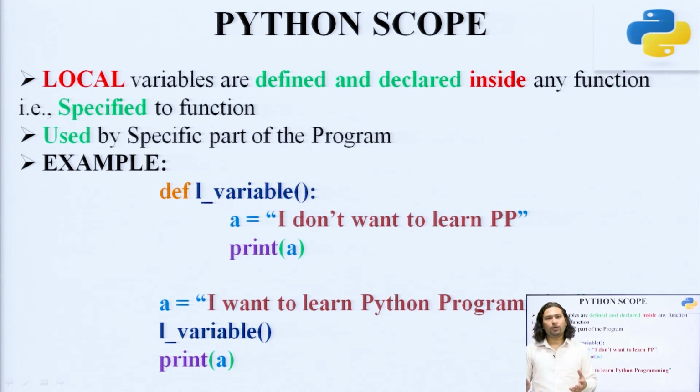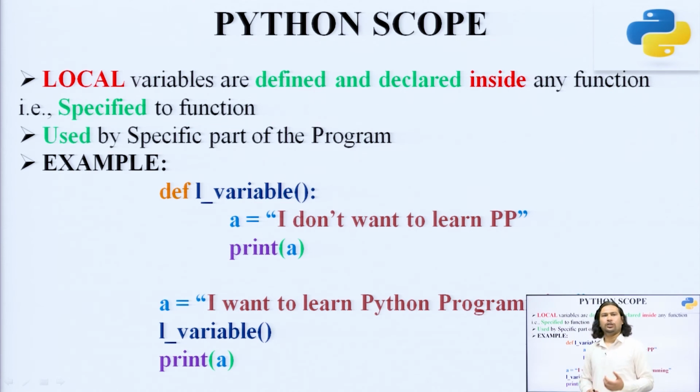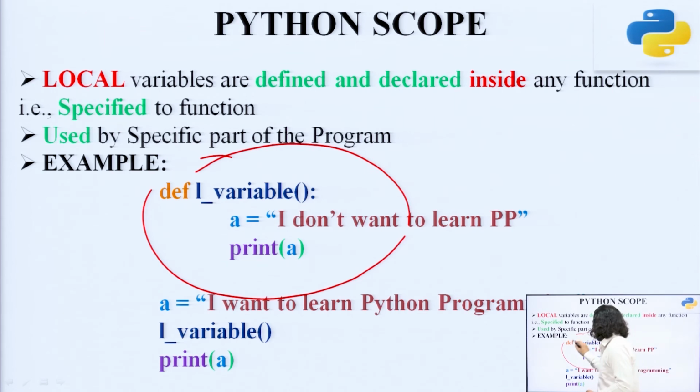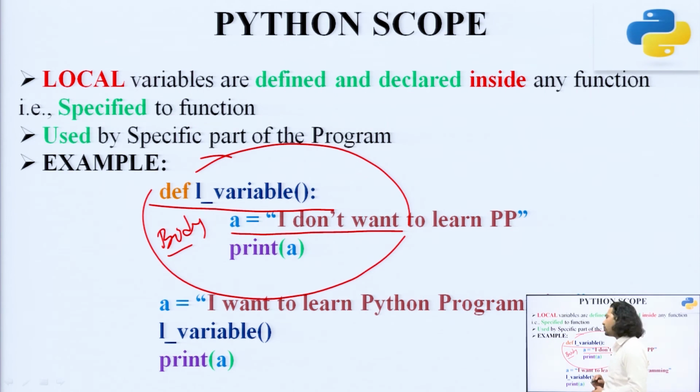But what about the local variable? When the variables are defined inside the function, they are treated as local variables. Now, look at this one. Inside the definition, that is inside the body of the function, you have the definition for the variable.